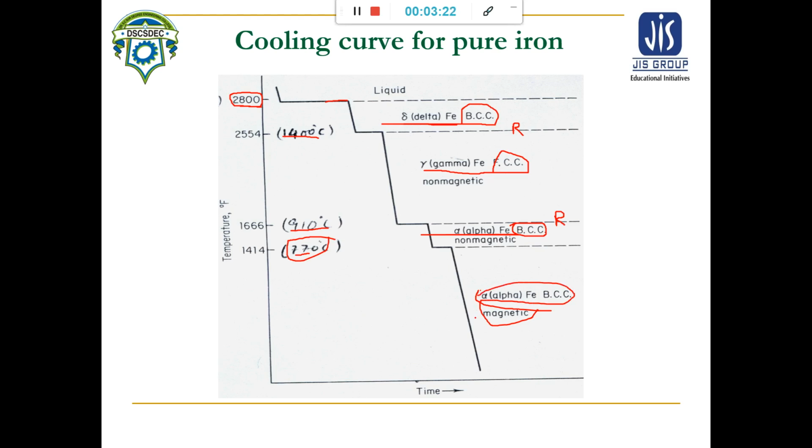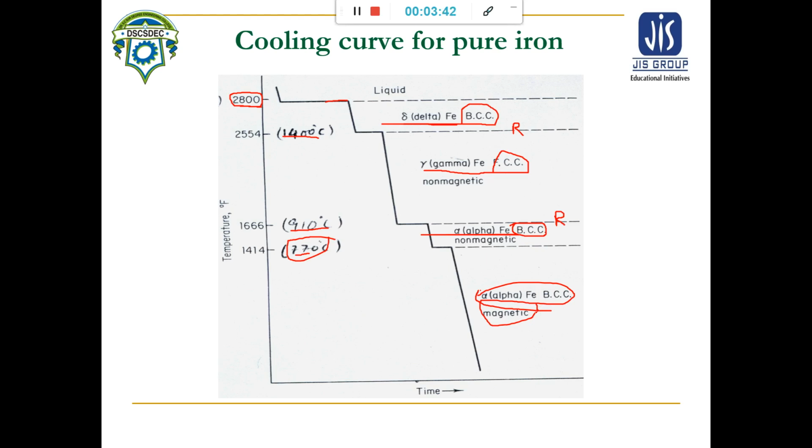So at room temperature, the iron we get is alpha iron with body centered cubic structure, and it is a magnetic element. So that's why we see iron as a magnetic element.